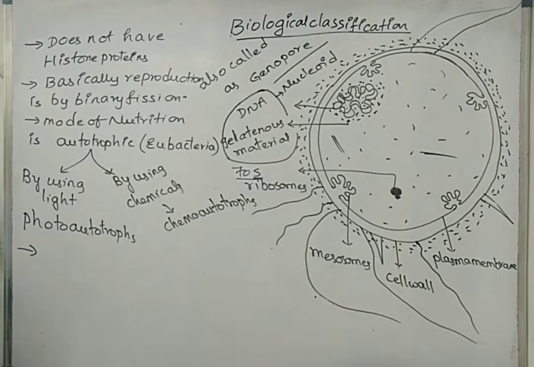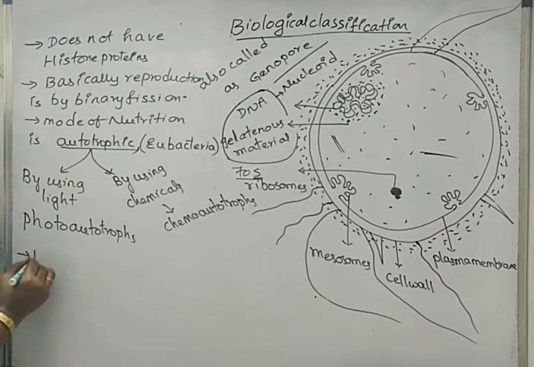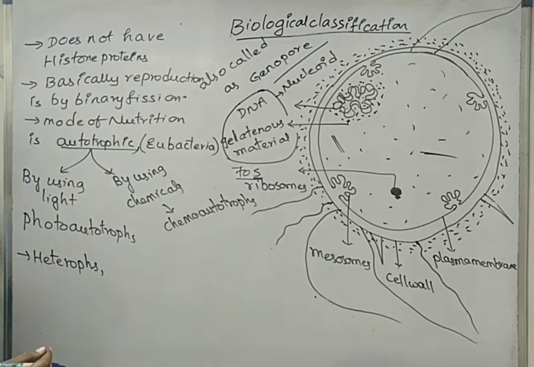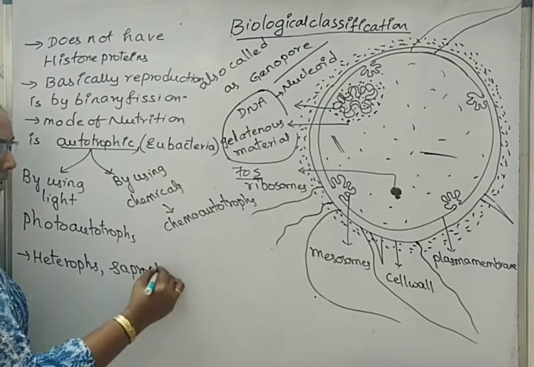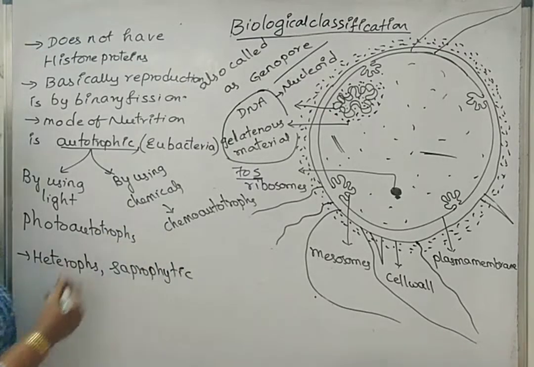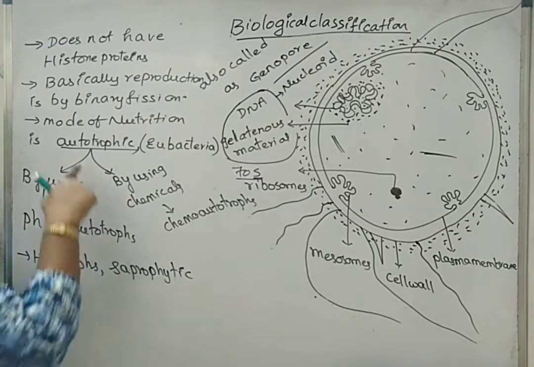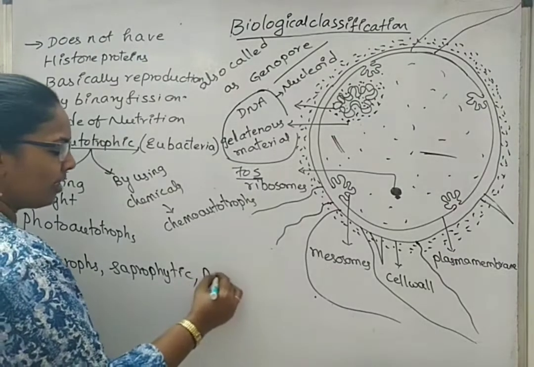Some bacteria depend on other organisms for food material. So mode of nutrition, one is autotrophic, second one heterotrophic or heterotrophs. Some bacteria also help in degradation of dead organic matter, that is saprophytic. So three types of nutrition, and some bacteria are parasitic.